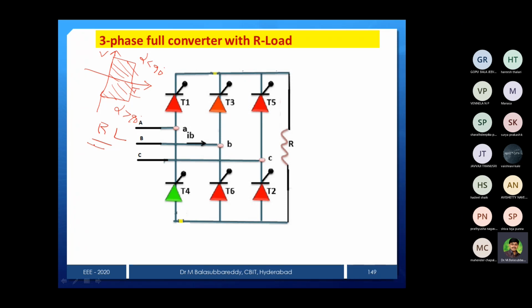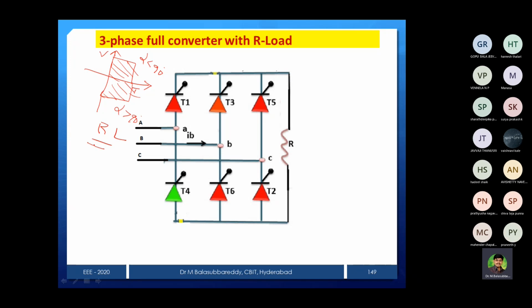That's why whenever supply voltage reaches natural zero, current also reaches natural zero. So therefore thyristors will turn off naturally at pi. That's why it will never give a negative voltage. So that is the major difference between R load and RL load.